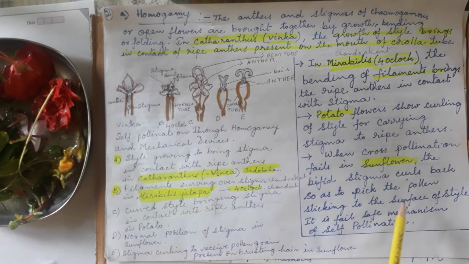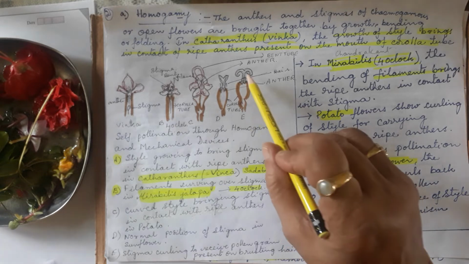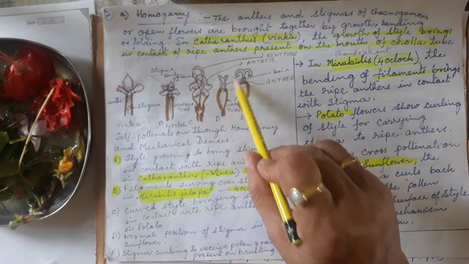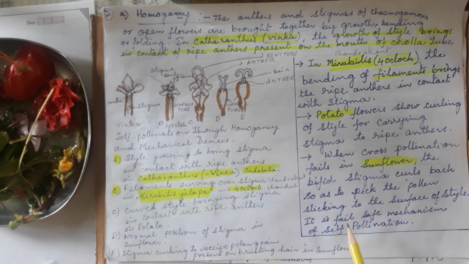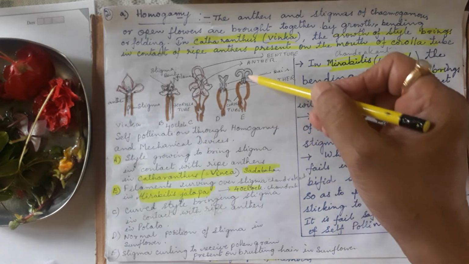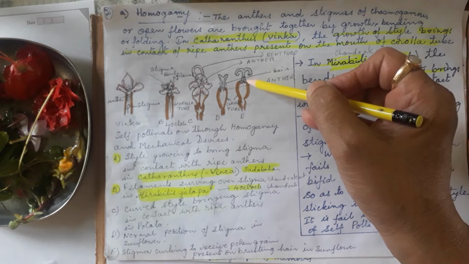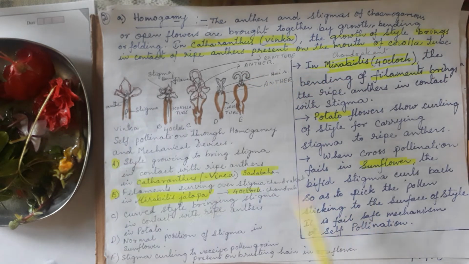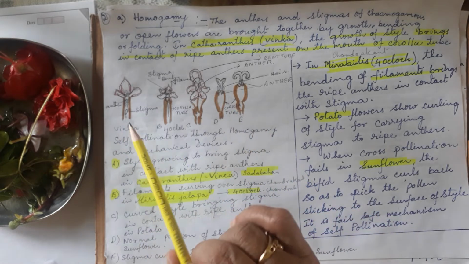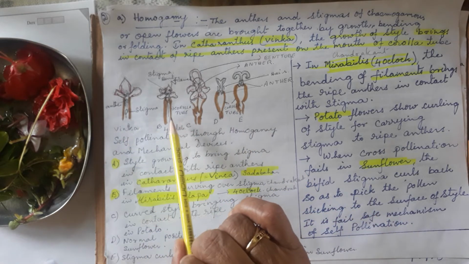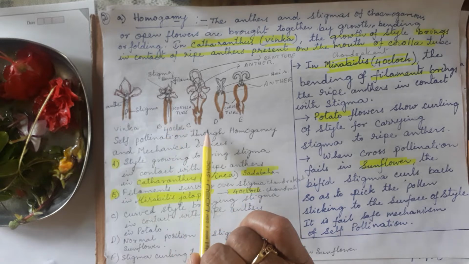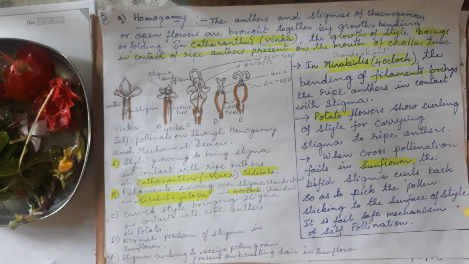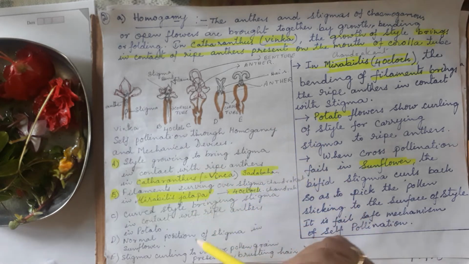The stigma curls back so as to pick up the pollen. It bends and curls and takes the pollen, taking the male gametes inside. So that is the sunflower. This is Catharanthus or Sadabahar, this is the 4 o'clock and potato, and this is the sunflower. It is a fail-safe mechanism for self pollination. Catharanthus, Mirabilis, potato, I told you.